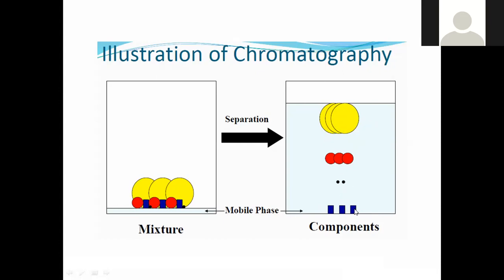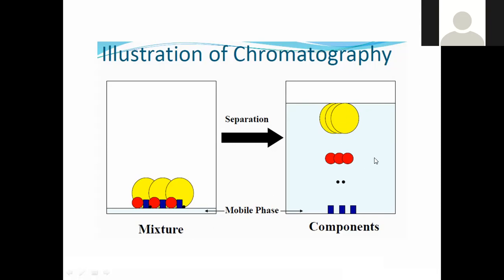In this way, the blue component, then black, then red, yellow compounds are separated from one another, and the separation is in the reverse order of their adsorption. The compound which is adsorbed first is eluted last, and the component which is adsorbed last is eluted or washed out first. So the elution is in the reverse order of their adsorption.